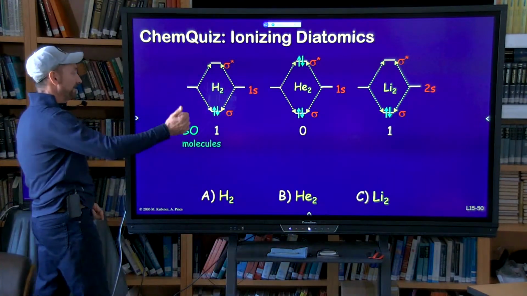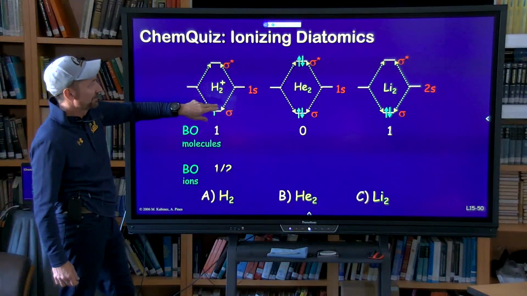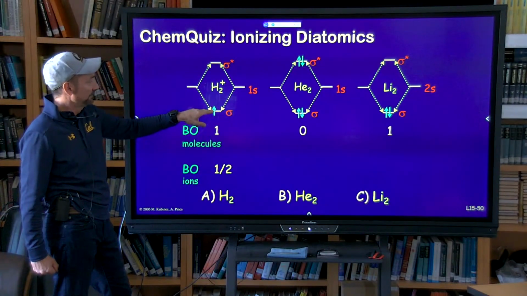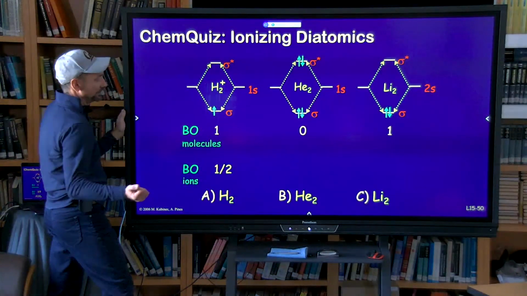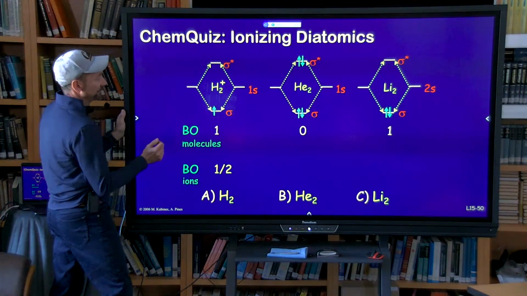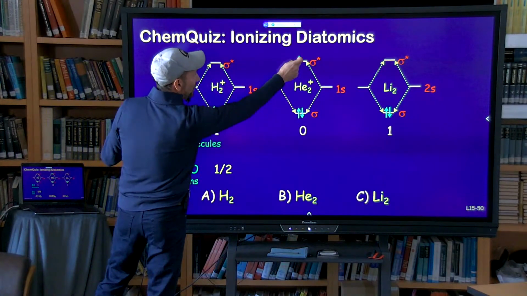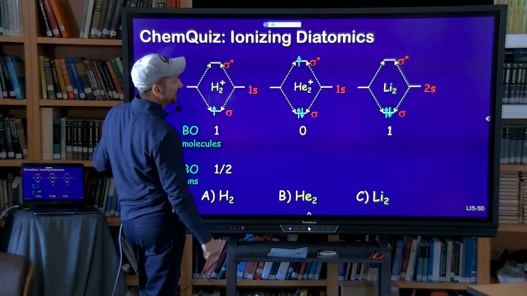Now I ionize. Take 1 electron out, He2+. Now my bond order has dropped to 1/2. 1 electron divided by 2 is the bond order there. Here I have 1, 2, 3 electrons, so it's bonding electrons minus antibonding electrons.